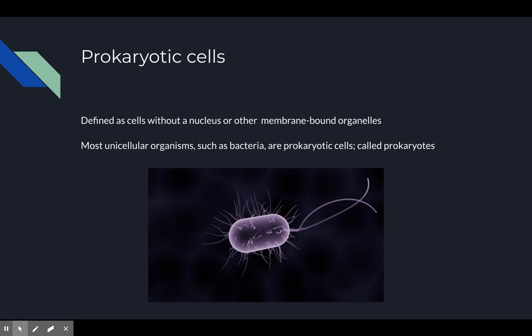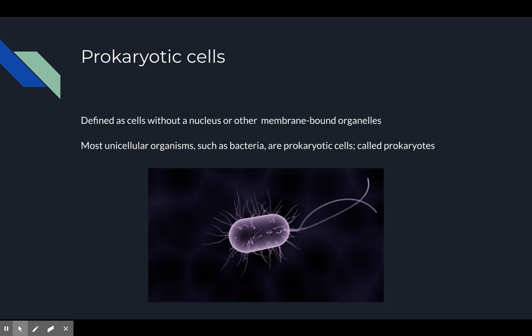Prokaryotic cells, however, are defined as cells without a nucleus or other membrane organelles. Now remember, we said some unicellular organisms, like yeast and algae, are considered eukaryotic, but most unicellular organisms, such as bacteria, are prokaryotic cells, and they're called prokaryotes. Tomorrow we're going to take a closer look at the difference between eukaryotic and prokaryotic cells.